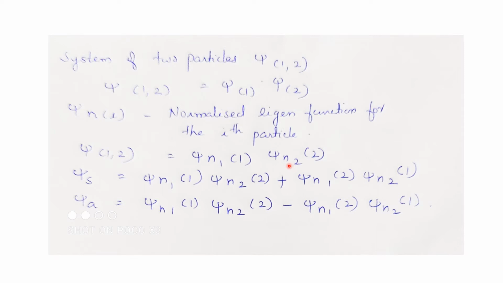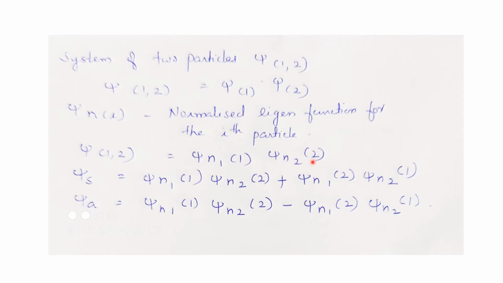The above wave function describes the state in which particle 1 is in the state described by the set of quantum numbers n1, and particle 2 is in the state described by n2.